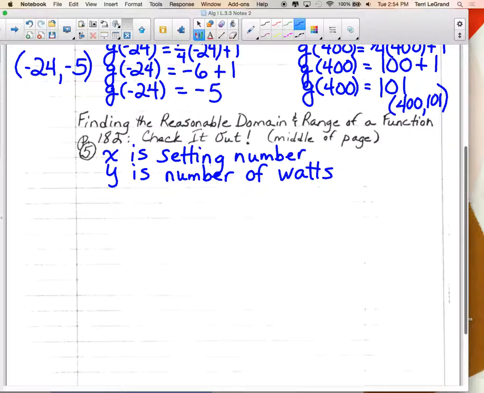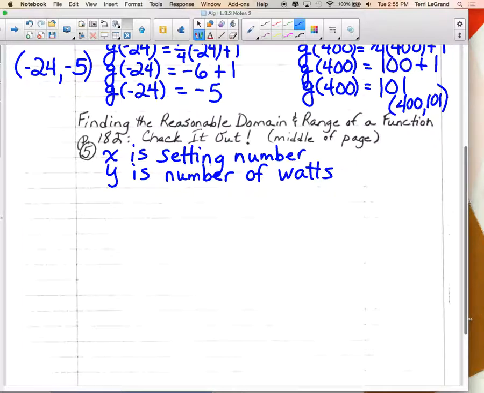Now we decide how we can use that independent and that dependent variable in an equation. So we really basically have to figure out a function rule, don't we? So what's our function rule in this situation? What do you think the function rule is? What will we have to do to x, the independent variable, to get the y, the dependent variable?